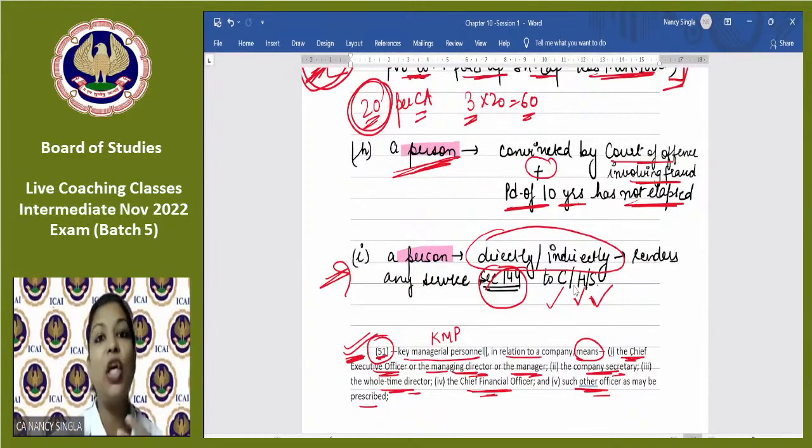So directly or indirectly, if you are already providing any services, by yourself or through some other medium, then you are not eligible to be appointed as the auditor of the company. Okay? And to whom are you giving services? Either to the company, or the holding, or the subsidiary. So in A Limited, CAX cannot be appointed as an auditor.